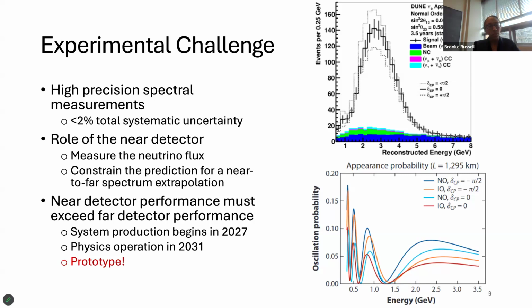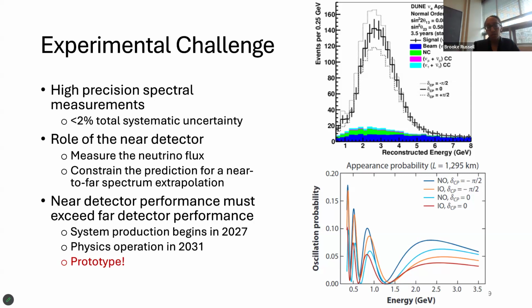Specifically, we need to make an accurate prediction of the far detector measurement, and that is done by carefully measuring the neutrino flux at the near detector and the various final states, and the modeling that goes into how neutrinos interact with the argon medium. So overall, the near detector performance must exceed the far detector performance.